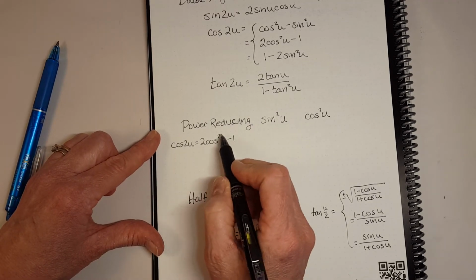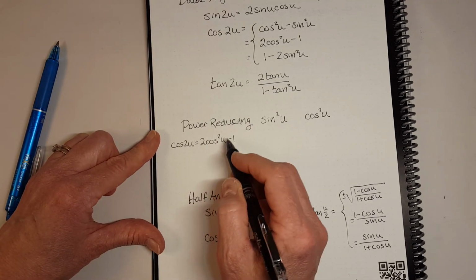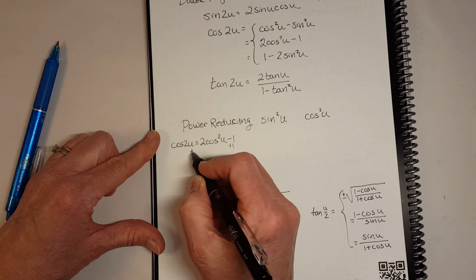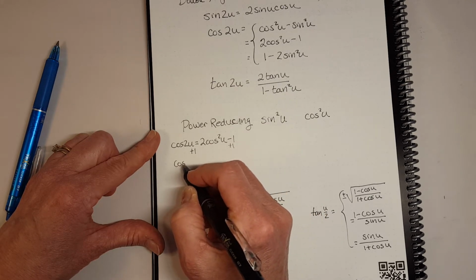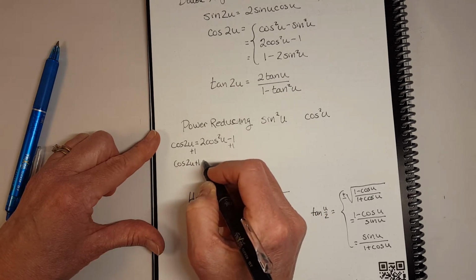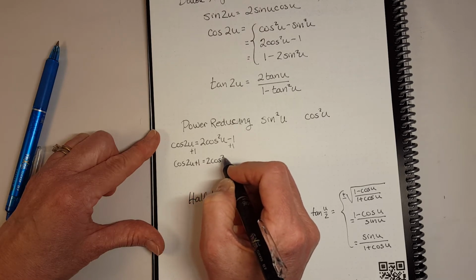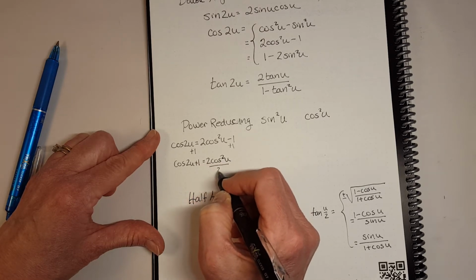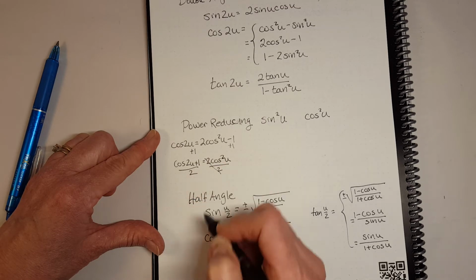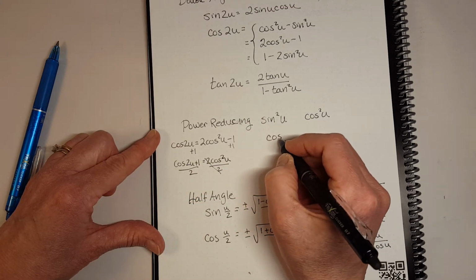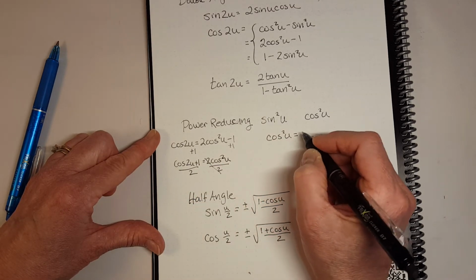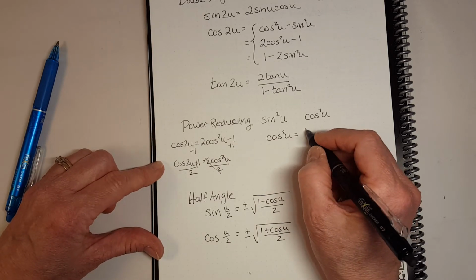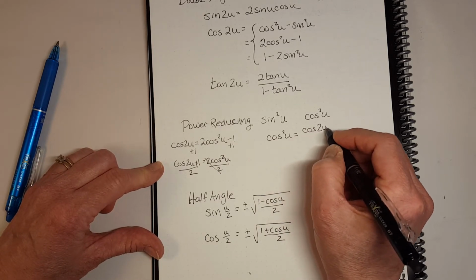If I didn't want a squared in my identity, I could rewrite this as cosine of 2u plus 1 is equal to 2 cosine squared u. And then if I divide that by 2, I get the first power reducing identity, that cosine squared u is equal to cosine of 2u plus 1 over 2.